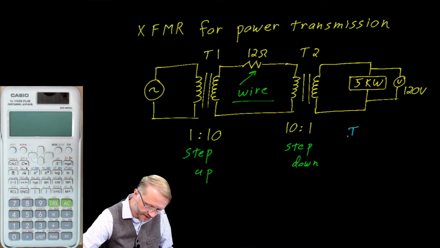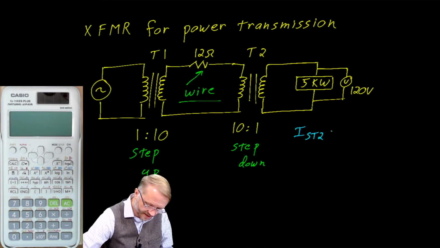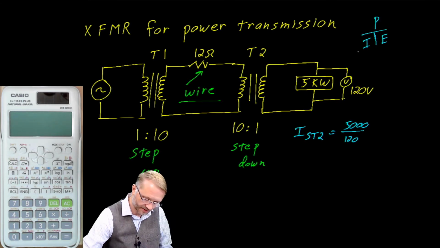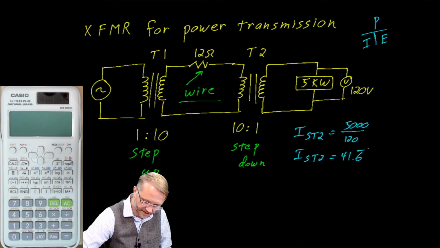So if we wanted to know the current in the secondary of T2, we would say that is 5,000 over 120. That's just a statement of P equals IV, right? So if you wanted to know the current, it's power divided by voltage. So the current on the secondary of T2 is 41.6 amps.